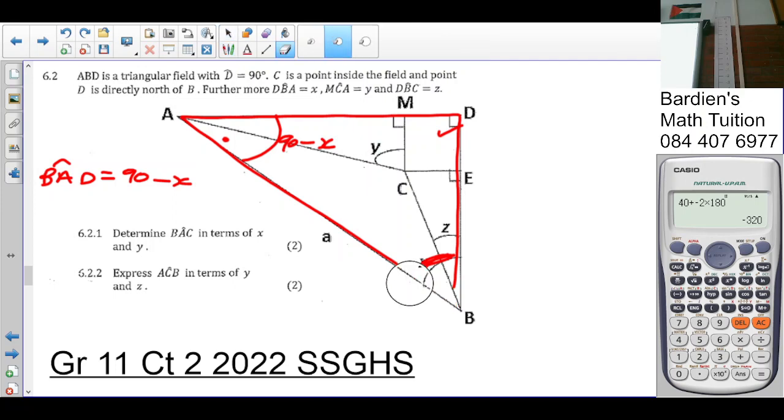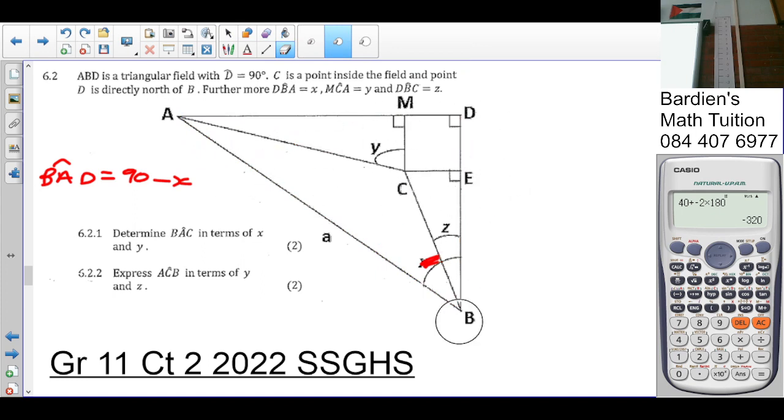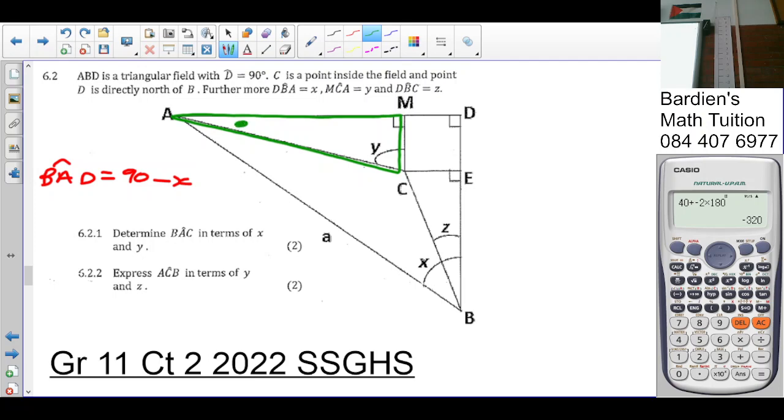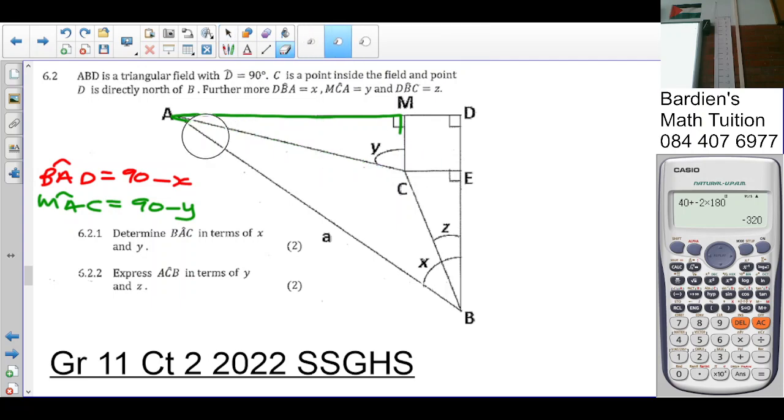Then in this triangle here, this angle here, which is MAC, is going to be 90 minus y.